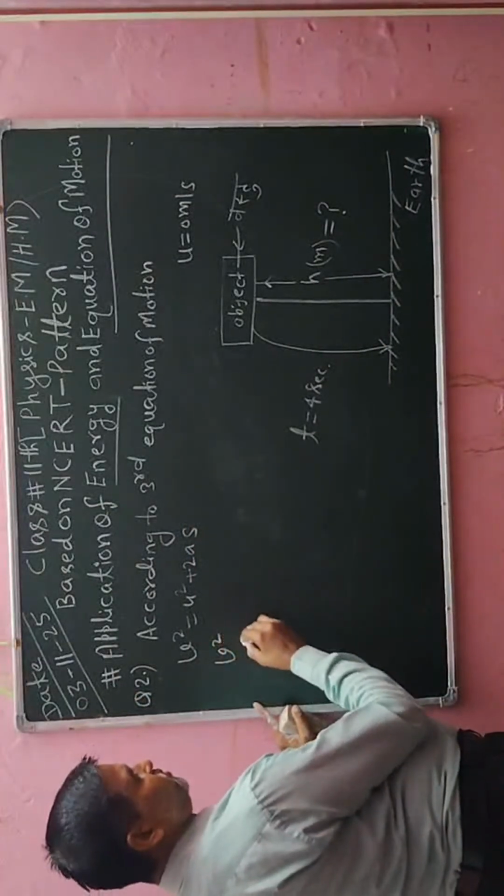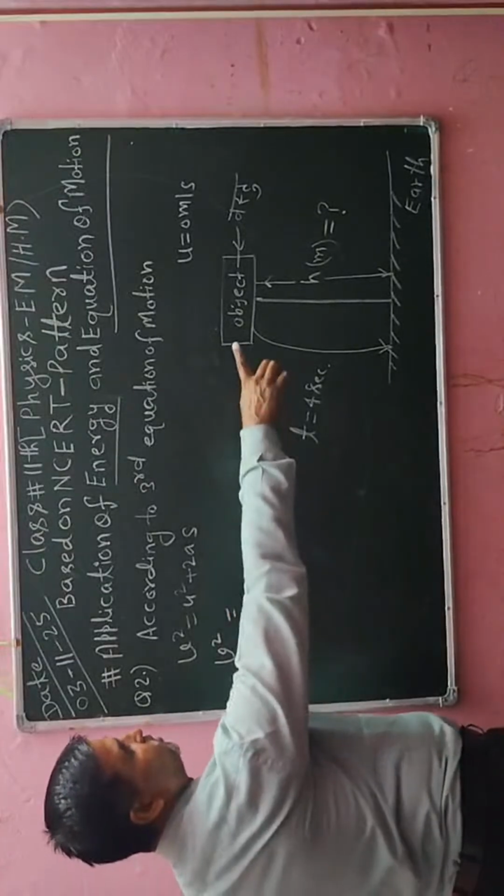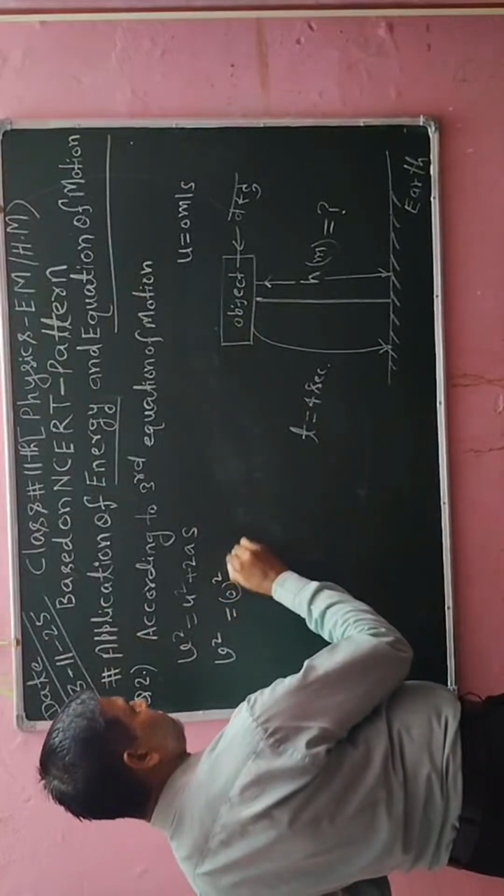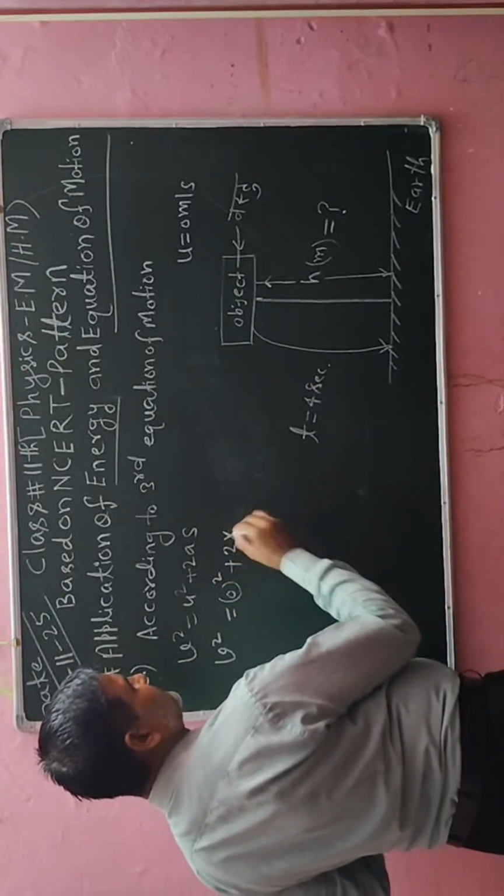Final velocity will be v and initial velocity will be 0. So I put 0 square plus 2 times acceleration.